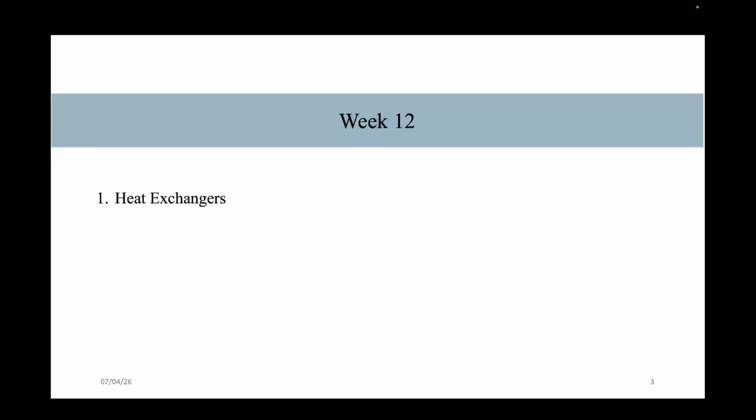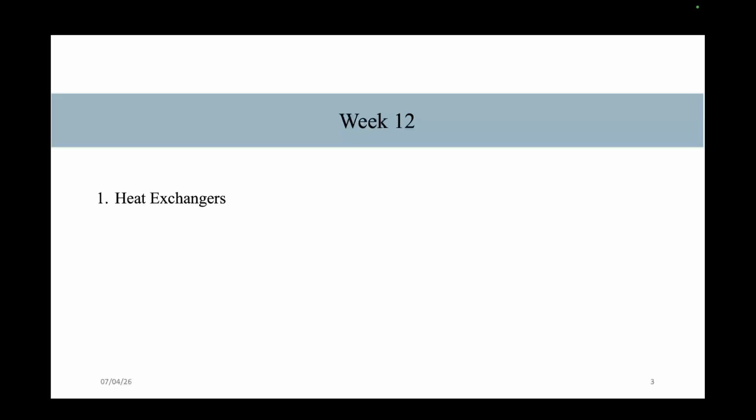So in the last classes, we discussed an interesting topic, which is boiling and condensation, right? One of you told that boiling finds application in the heat exchanger, mainly the boiler, right?